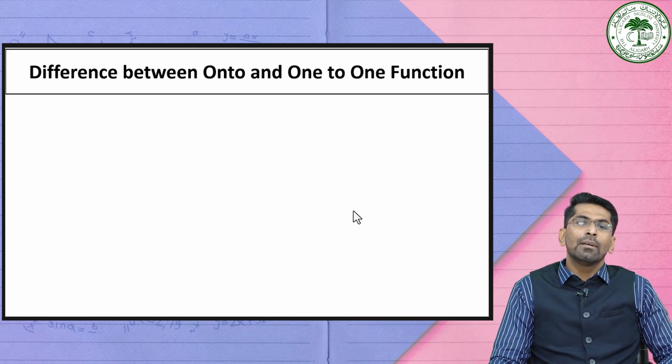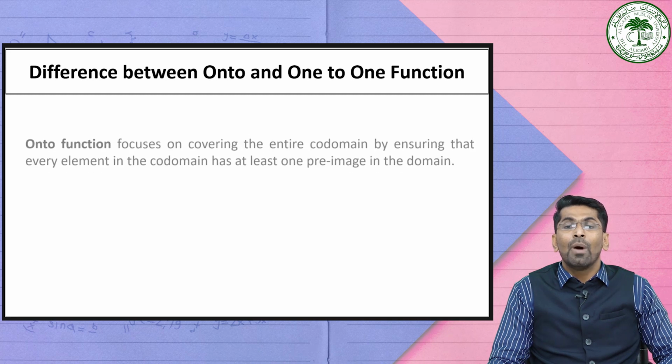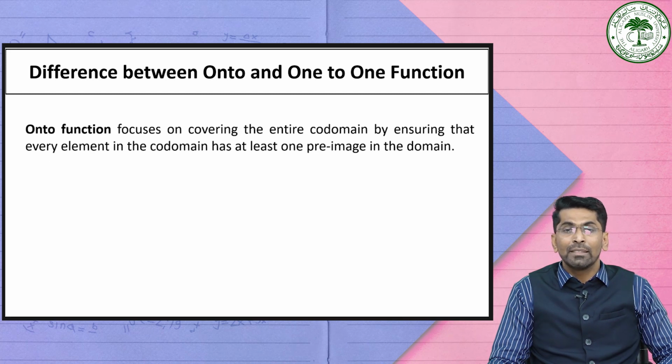Now we may be a little bit confused because of the onto function and the one-to-one function. They look similar in mapping. However, see, there are a few differences.